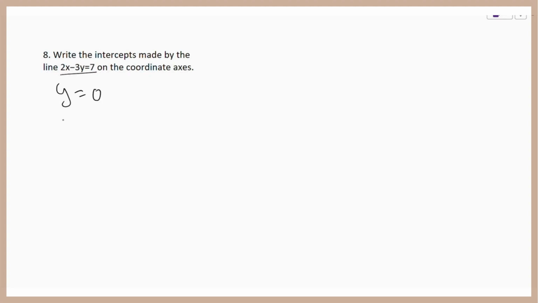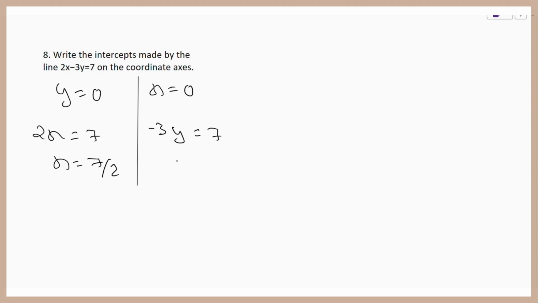So replacing y here with 0, this is 2 times x, minus 0 is 0 only, equals 7. So x comes out to be 7 over 2. And in order to get the y-intercept, we will set x equal to 0. So placing x as 0, we get minus 3y equals 7, or y equals minus 7 over 3.